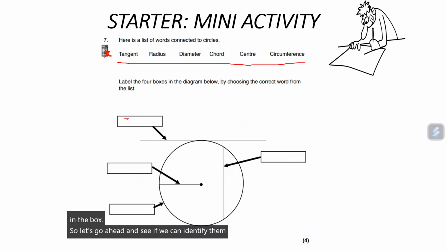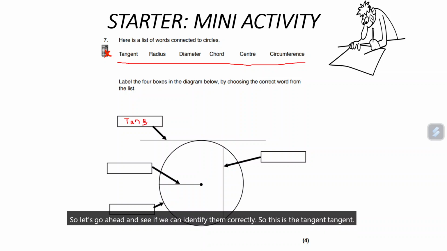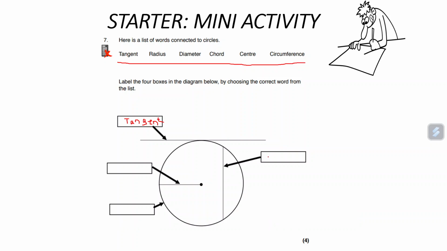So this is the tangent. This is the chord. Here is our radius.